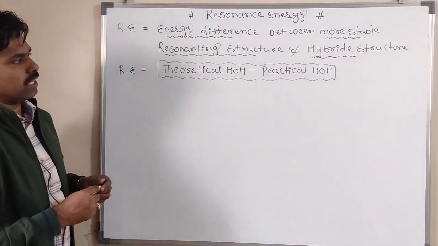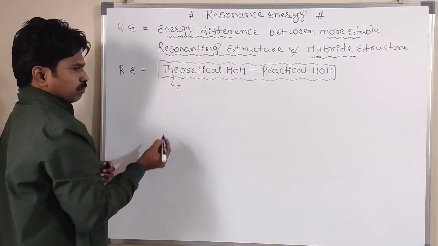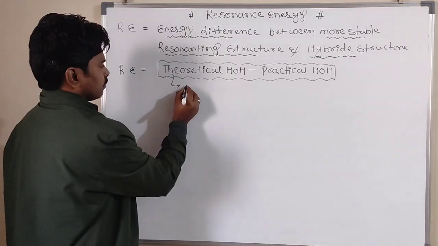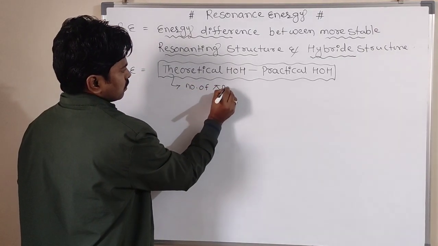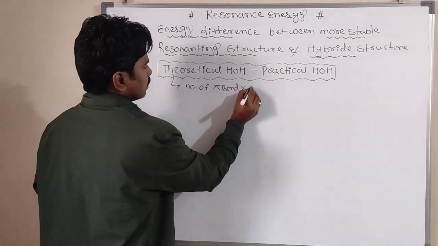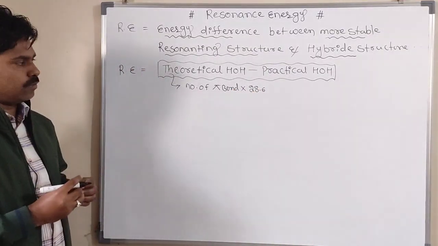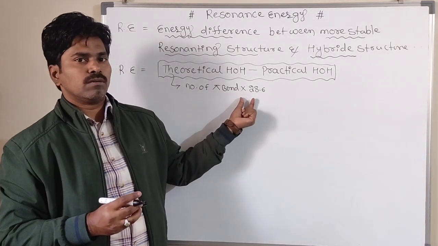What is the theoretical heat of hydrogenation? It means to multiply the number of pi bonds with the 28.6. The number of pi bonds multiplied by 28.6 kilocalorie per mole. We know that already. 28.6 kilocalorie per mole, what is that?